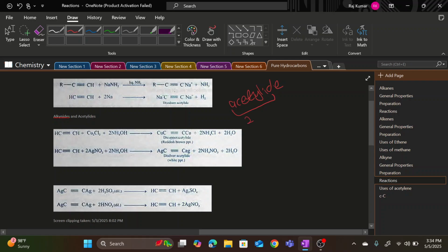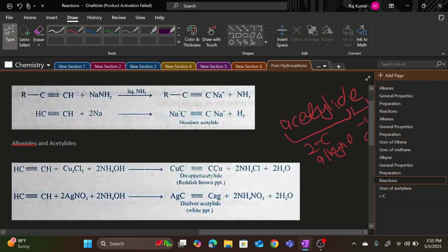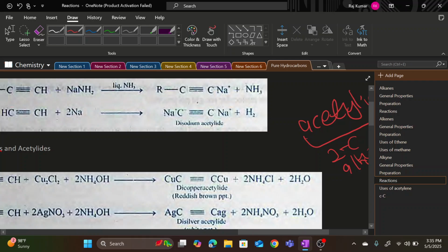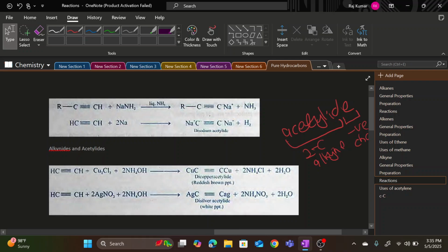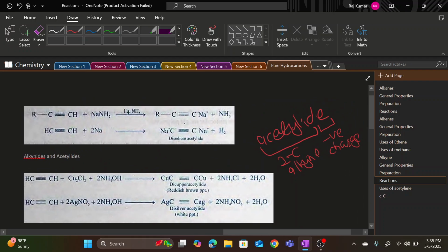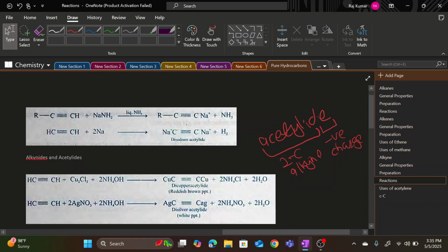Basically it is the two-carbon alkyne, which means acetyl, and ide is used for negative charge, right? So whenever an alkyne has a negative charge on carbon, then it is known as an acetylide. Whenever ethyne gains a negative charge on carbon, it is ethynide or acetylide. But if it is any other alkyne, then it is called an alkynide.